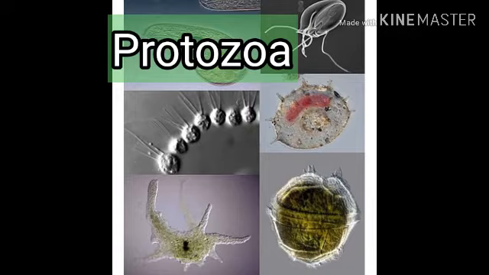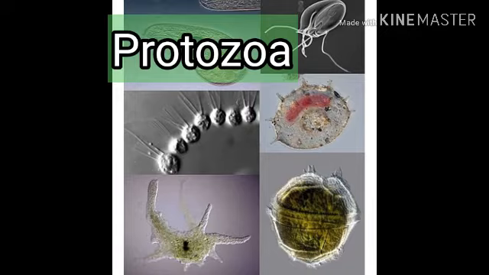Protozoa don't have a cell wall, but flagellates and ciliates possess a pellicle, which serves the same purpose as a cell wall, protection. Some flagellates and ciliates ingest food through a primitive mouth or opening called a cytostome. Typically, a protozoan's life cycle consists of two stages, the trophozoite and the non-motile cyst stage.